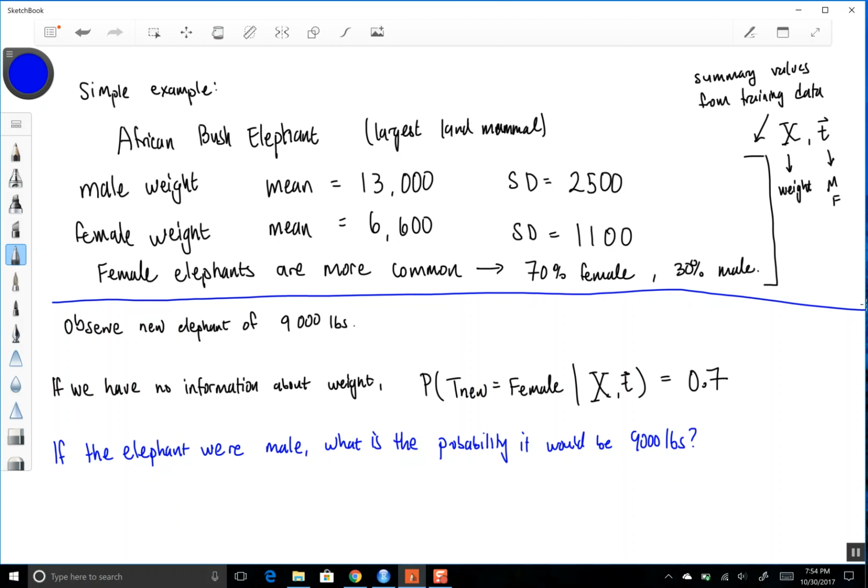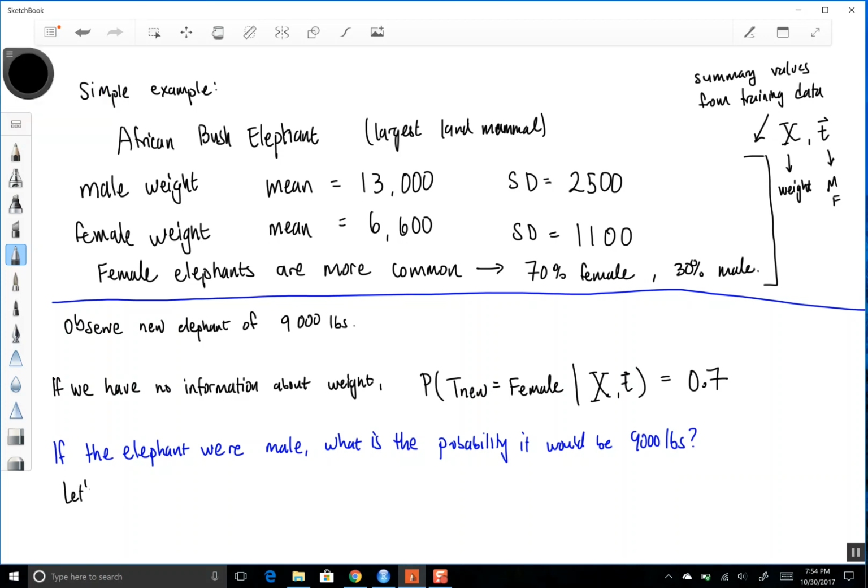Okay. So here we now have to make an assumption regarding the distribution of elephant weights, okay? So maybe for simplicity, we will put a normal distribution assumption, which for a lot of things is a reasonable guess. It's not always right, but let's assume it's normal.